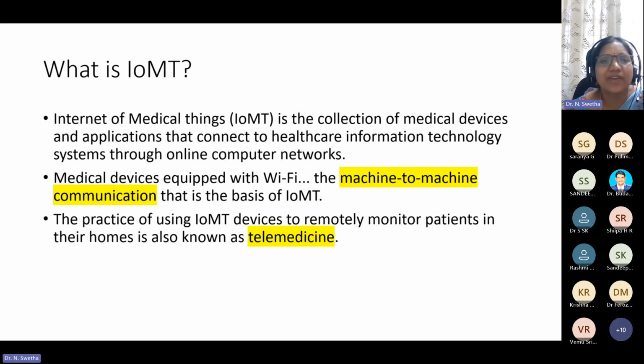You can see I have given one example, Wi-Fi. Yes, Bluetooth, Zigbee, those are short communications, right? What type of network is used? Sigfox. Wireless communication, yes, wireless communication.